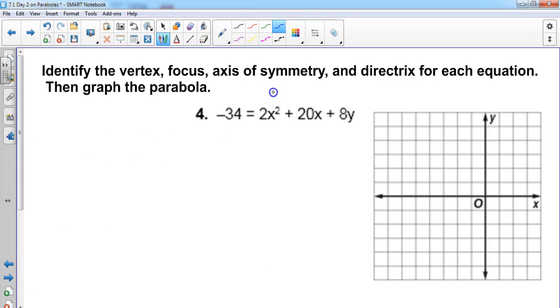This one's got a coefficient on the squared term. And we're going to talk a whole bunch next week about what that means you have to do. But on this particular problem, what do you notice? Everything's divisible by 2, right? So at some point, we're just going to divide that coefficient, everything by 2.